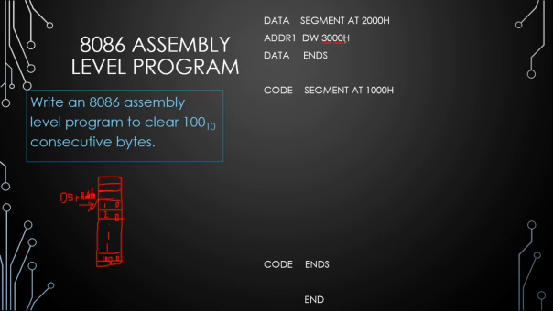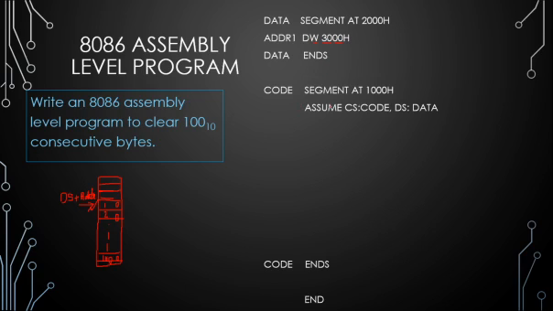So a total of 2 bytes have been mentioned. 2 bytes means a word. So we are defining an address or offset address with an address content of a word. That is why we have used the notation DW, and the name of that address is given as address 1.